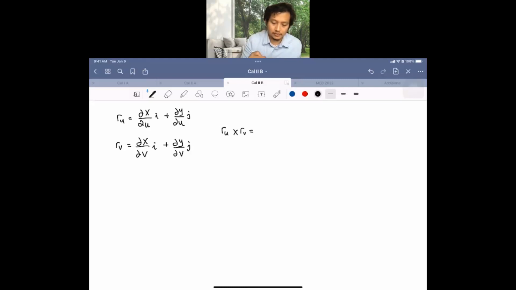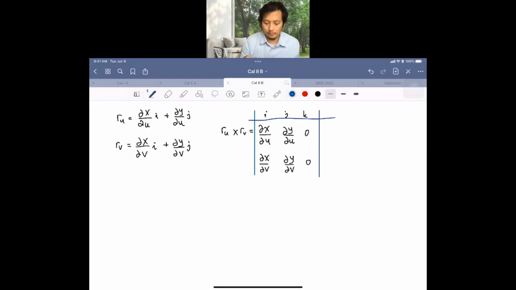These two cross product. We construct this. Okay, I think this is okay.